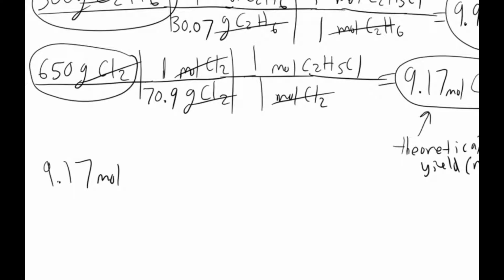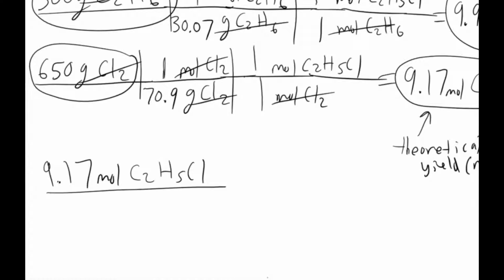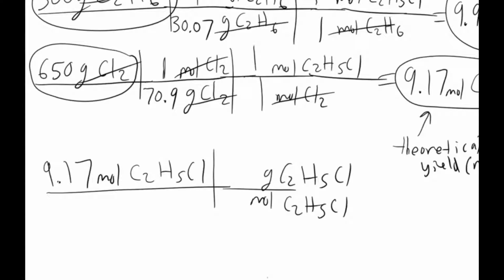So we're going to convert the moles of the C2H5Cl, chloroethane, into grams. Moles goes down there to cancel it out, grams goes up here. 1 mole of chloroethane is equal to 64.51 grams of chloroethane.